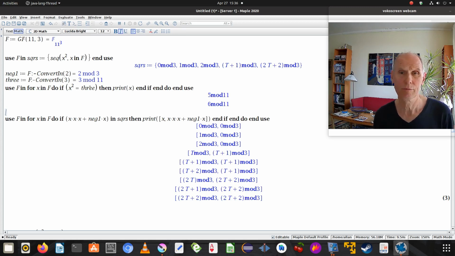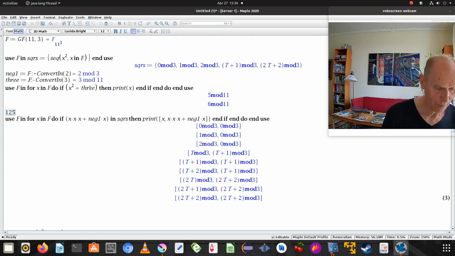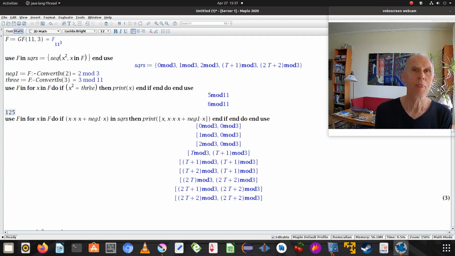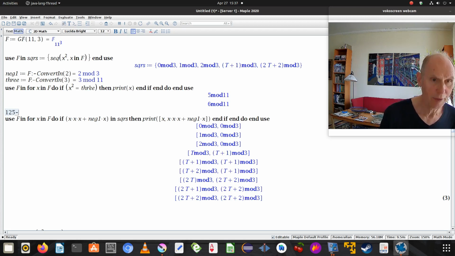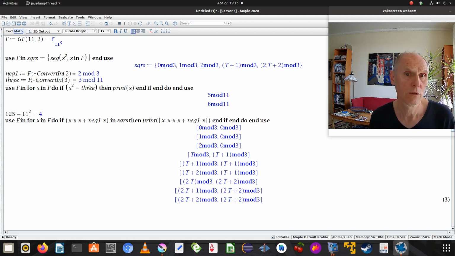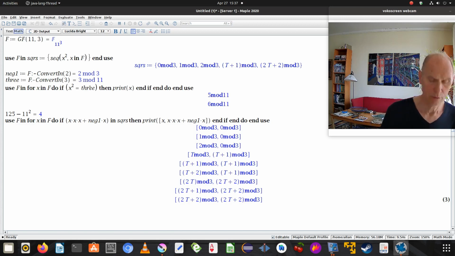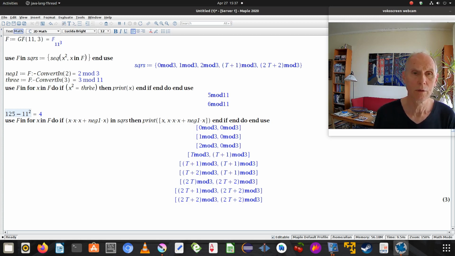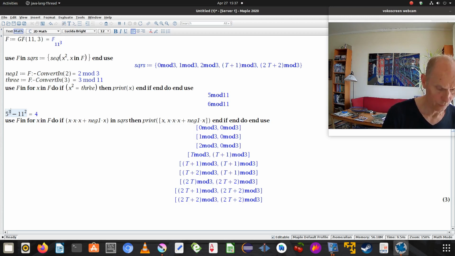5 and 6. So it's actually in 11. Of course it is. 125, that's 5 to the third, minus 11 times 11. That gives, oh, surprise! It's still 4.